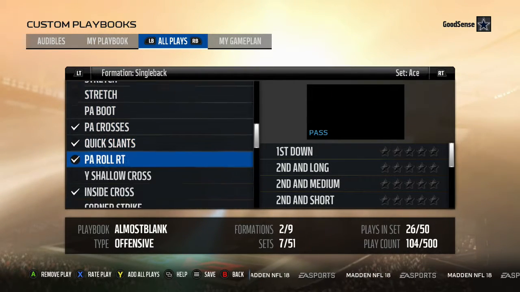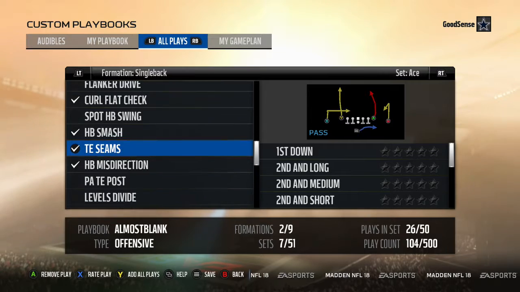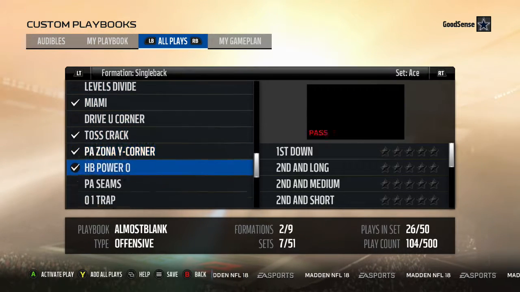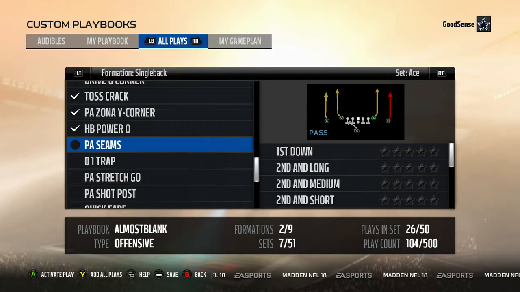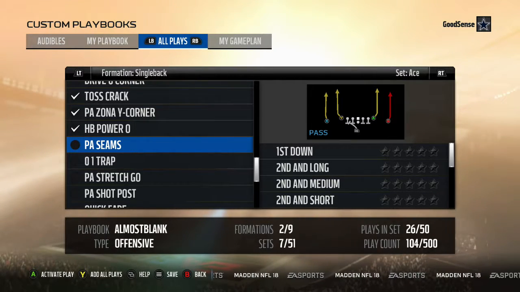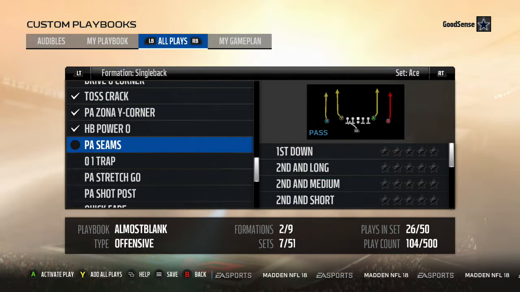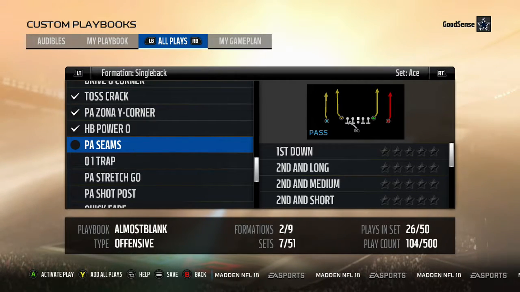And if you have that play action seams, same thing. It's the same exact play, just with a different name. So again, you've got about 3 plays that are a waste. They're the same play. Even the primary person is the same. This makes no sense, seriously.